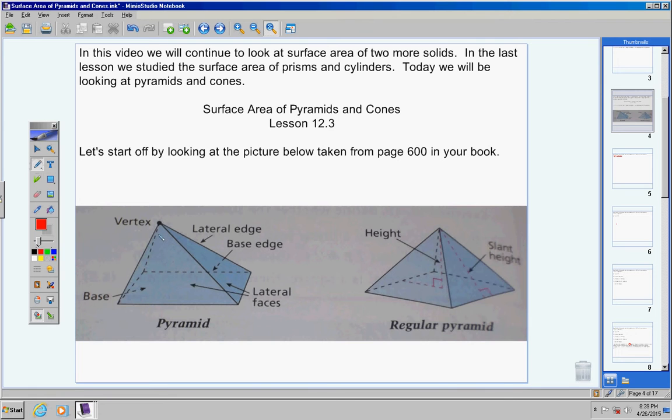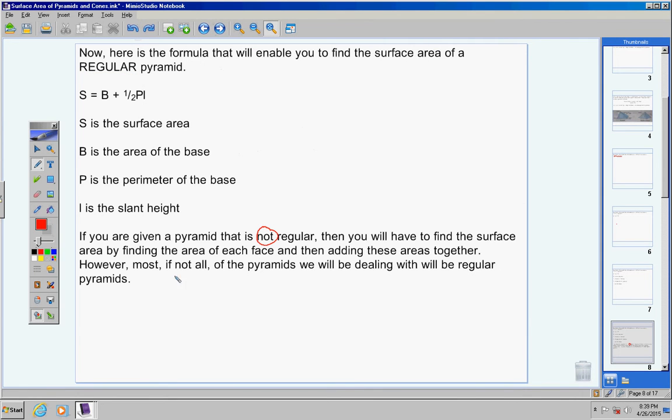So you have to find the area of all four lateral faces, the front, the left, the back, and the right, and then find the area of the base and add all five together. However, most, if not all, of the pyramids we're going to be dealing with in this chapter will be regular pyramids. So 99, if not 100% of the time, this formula will be just fine.